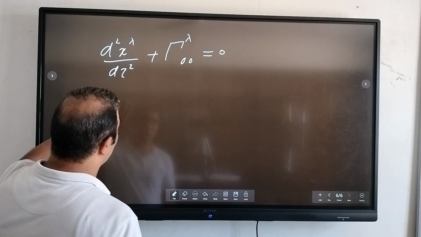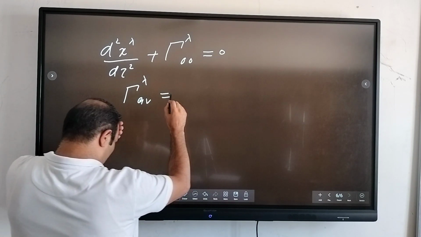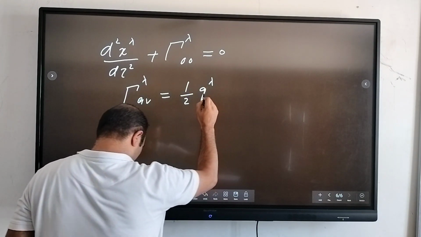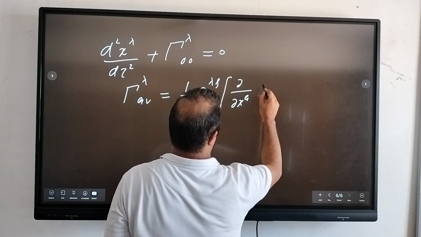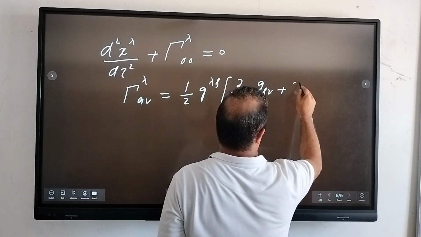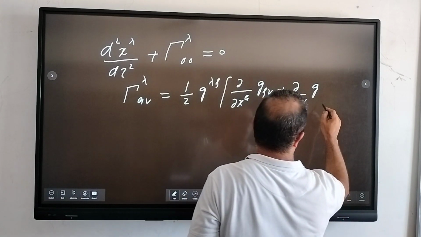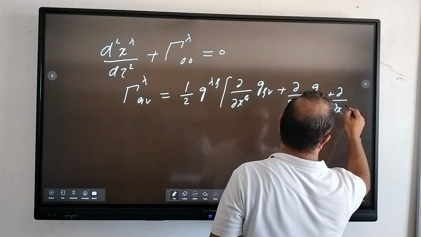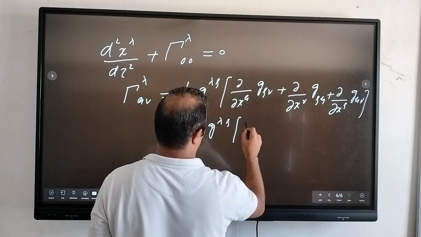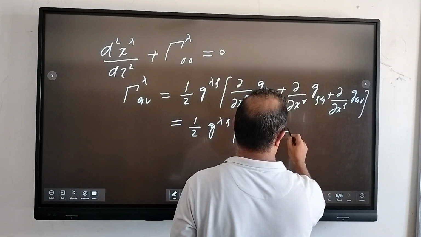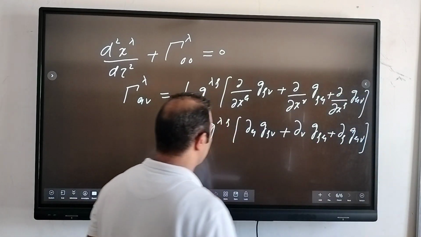Now, first let's calculate this term. If you put in general, this Γ^λ_μν is equal to 1/2 g^λρ times the partial derivatives with respect to x^μ and so on.